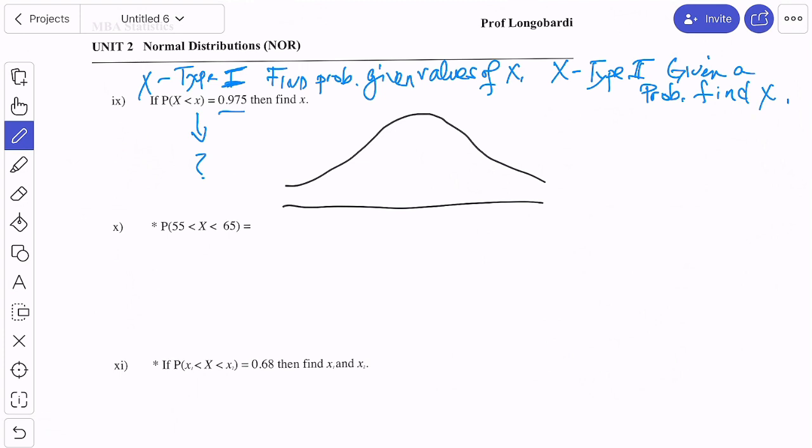Now the way I've written it, this means the curve, and this means value of x along the curve.